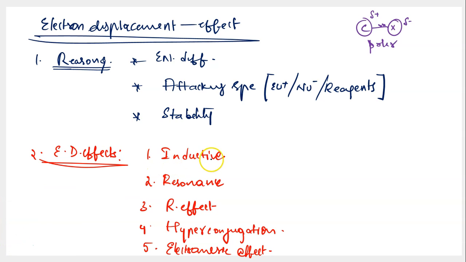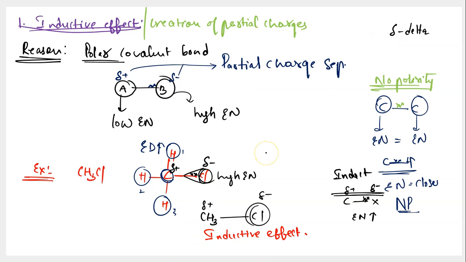The first one is what we discussed till now, which is inductive effect. Inductive effect is basically caused due to electronegativity difference. When you see electronegativity difference between the atoms involved in a covalent bond, you see inductive effect. It is observed in a polar covalent bond due to the more electronegative atom pulling the bond pair of electrons towards itself, which results in development of partial positive and negative charges.